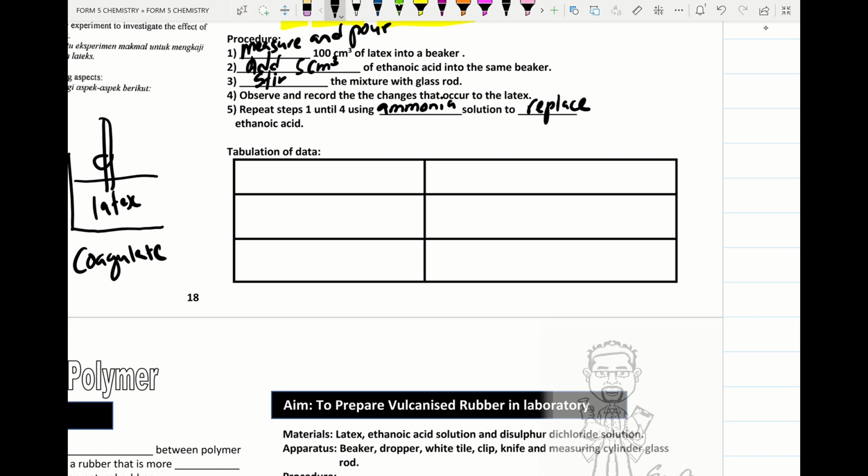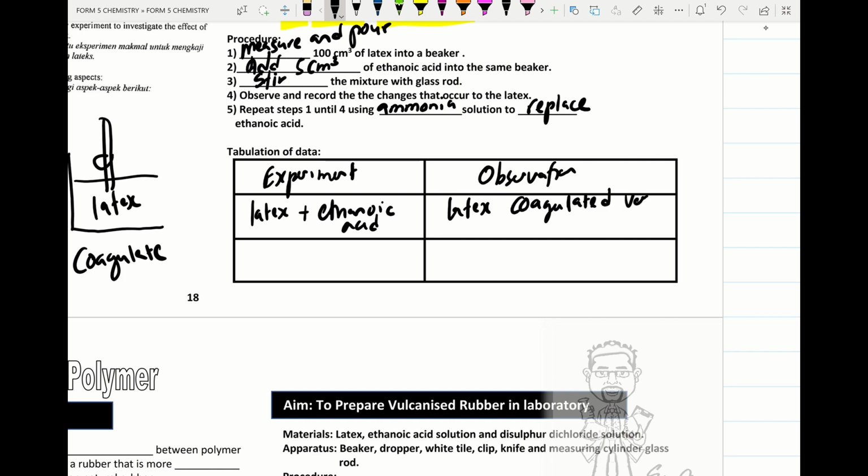So for the tabulation of data, we put here experiment. The first experiment we conduct is latex added with ethanoic acid. So here we put observation. The observation will be latex coagulated very quickly. All right, so next one, latex is added with ammonia.